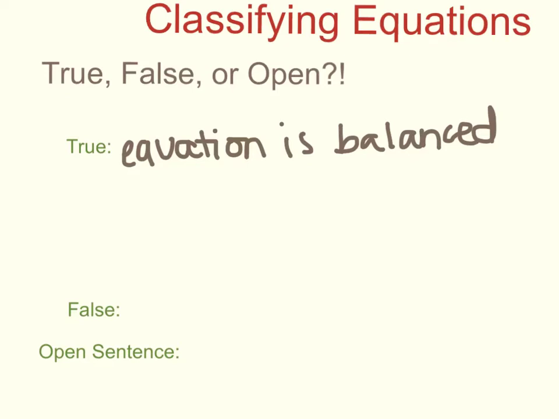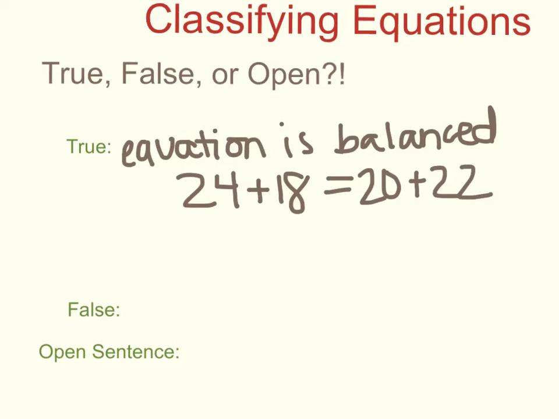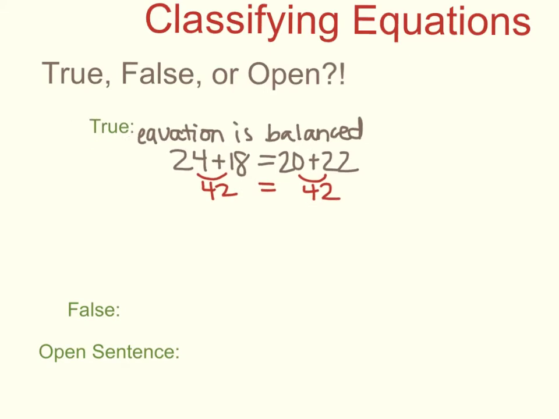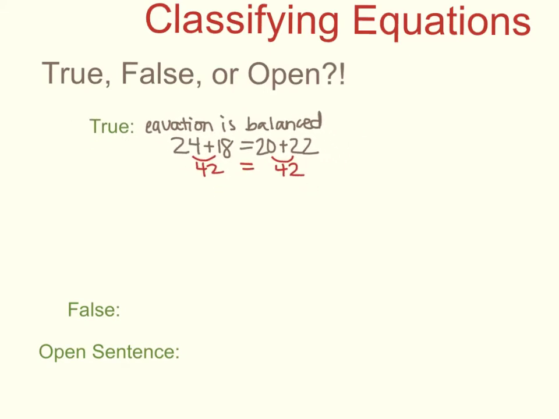An example of this would be 24 plus 18 equals 20 plus 22. Because if we solve for each side, we get an answer of 42 equaling 42. So it's both balanced. And so that is a true equation.